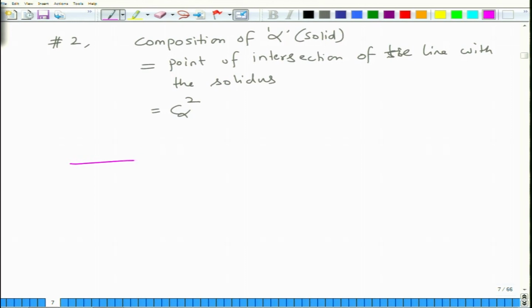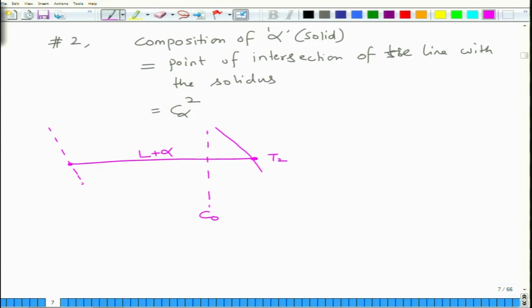So, when you have this as a tie line, this is the temperature T2, and this is, let us say, the overall alloy composition C naught. Along this tie line you have two phases, liquid plus alpha. Let us say this is the liquidus, this is the solidus.